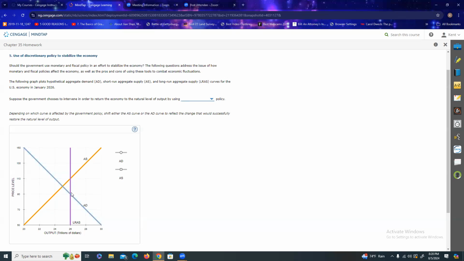Shifting it to the left is contractionary. Okay, so they're going to use expansionary policy. It says, depending on which curve is affected by the government policy, shift either the aggregate supply curve or the aggregate demand curve to reflect the change that would successfully restore the natural level of output. Well, I guess I just answered that one.